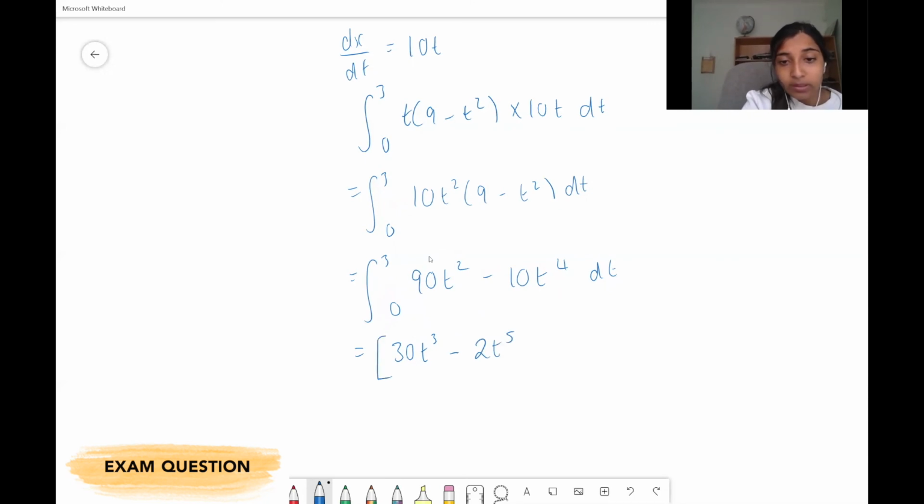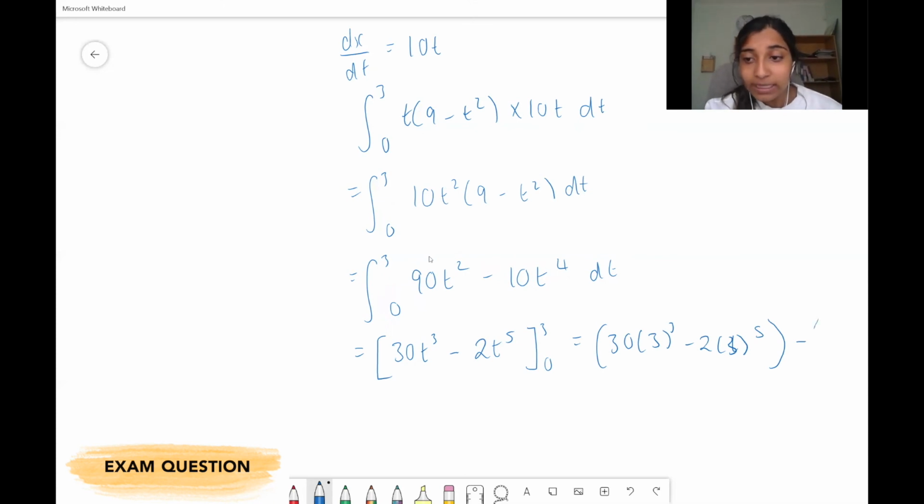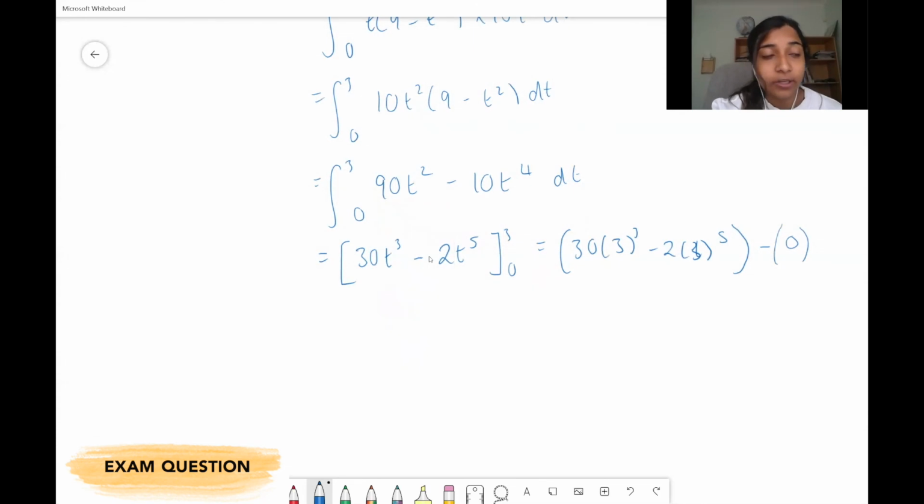Then you want that between 3 and 0, so that would be equal to 30 times 3 cubed minus 2 times 3 to the power of 5, minus, if you plugged in 0 as t, it would just be minus 0. So if you plug that in your calculator, you should get that this is equal to 324.